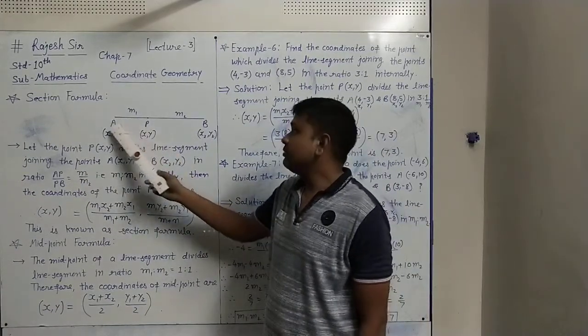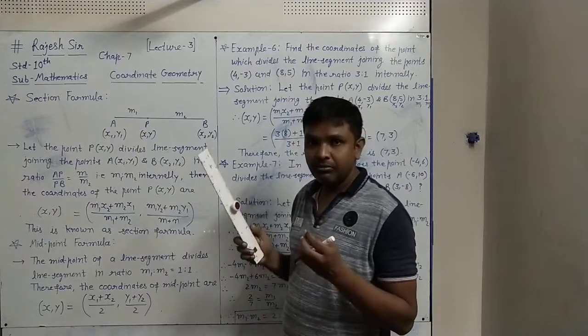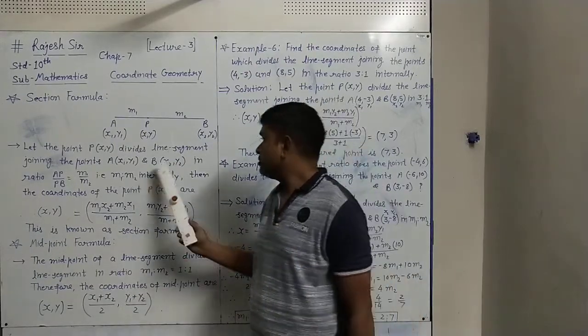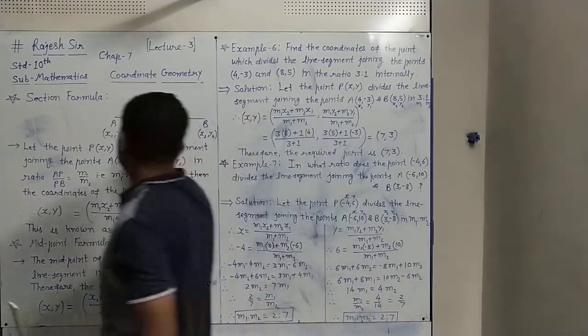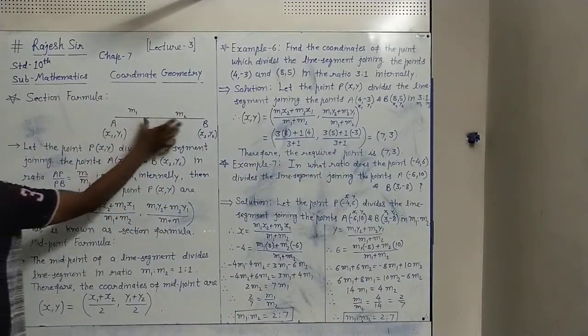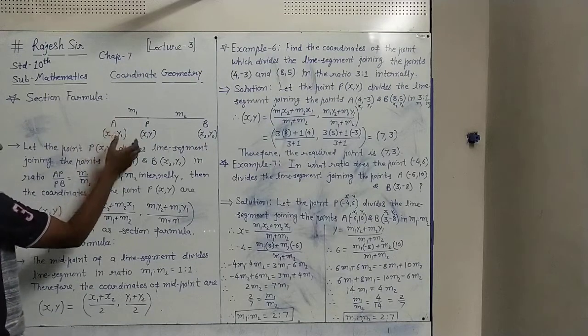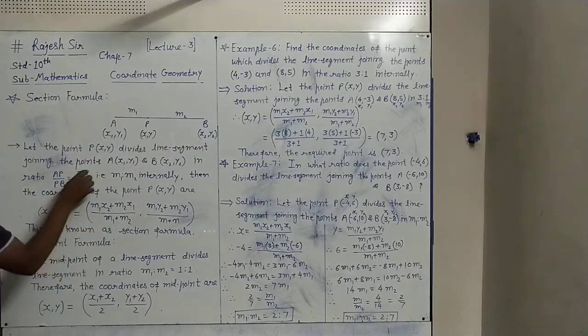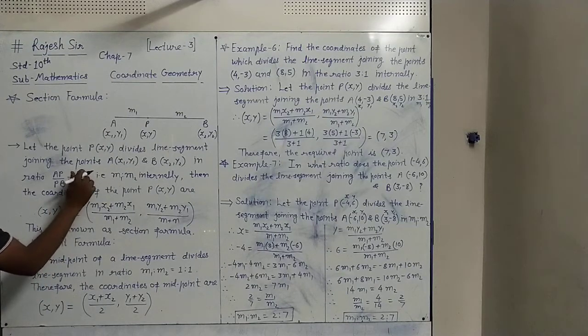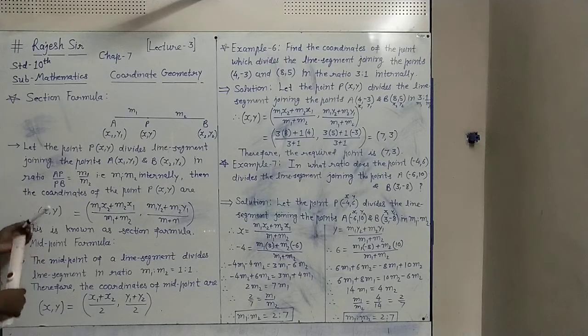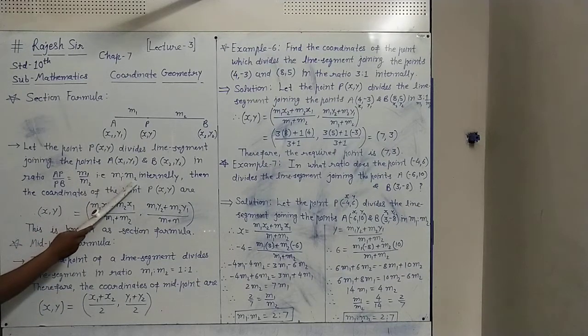If P divides AB in some ratio, the two parts by P are AP and PB, and let the ratio of AP upon PB be m1 upon m2, that is m1 is to m2.